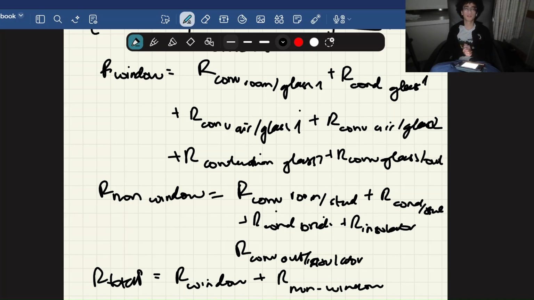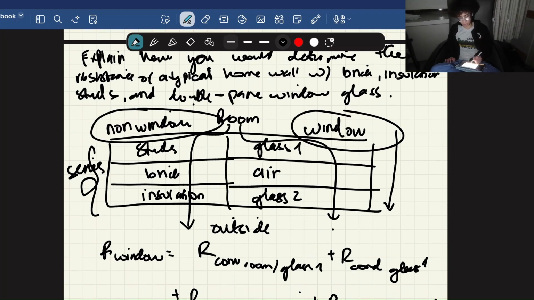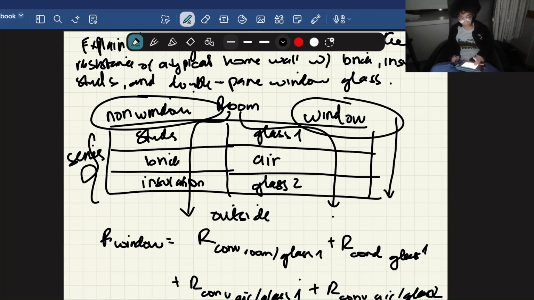Some of us here might be confused why the total resistance is not what we know about parallel, the reciprocal of the total resistance equal to the reciprocal of R window plus the reciprocal of R non-window. This is because the window and the non-window might each have a different area.